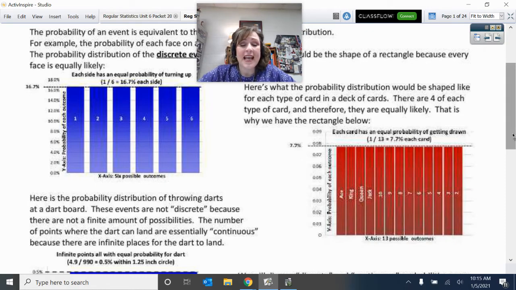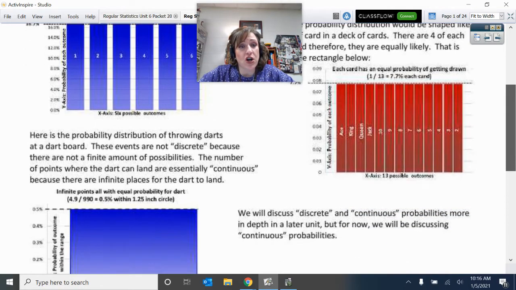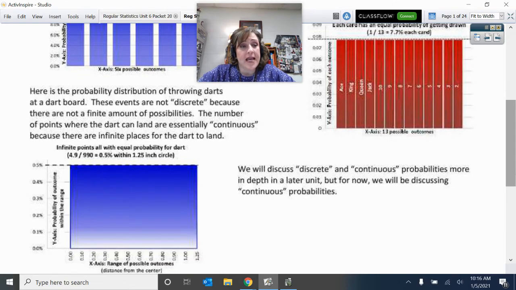Now, let's bridge into something that is called continuous. So, if we think about throwing a dart at a dart board, there are infinitely many possibilities that that dart can land on that board. I can't really divide it into 13 distinct possibilities.